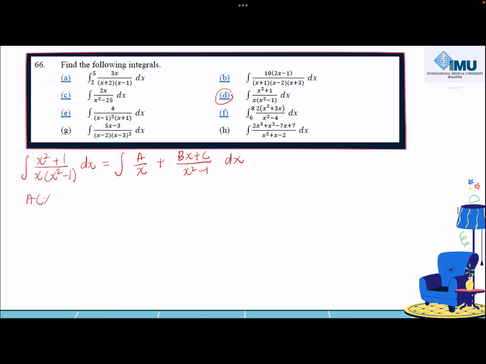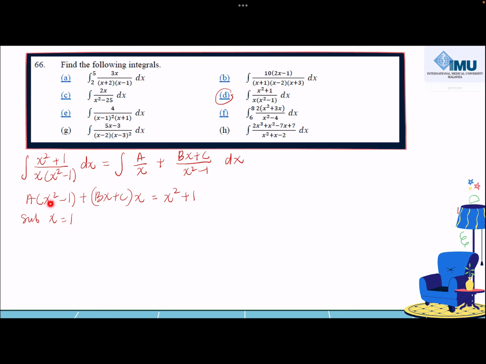A multiplied by (x squared minus 1), plus (Bx plus C) multiplied by x, is equivalent to your numerator, which is x squared plus 1. So we only use the numerator to find A, B, and C. Now, first of all, when you substitute x equals 1, what happens to your equation?